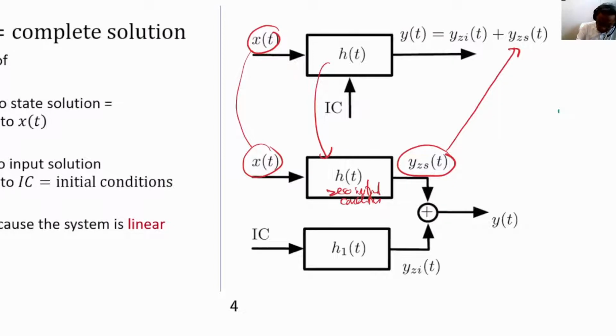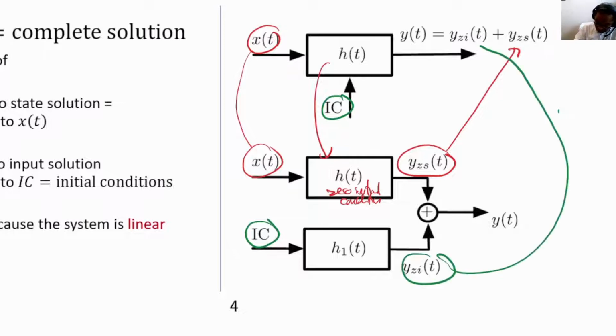Second one, if I put initial condition into the system, I will get ZI, zero input. But notice here, on top is h of t, the same as the original system. The bottom is h1 of t. It is very similar to h of t, but not exactly so. We'll derive the equation of h1 of t in the next slide.